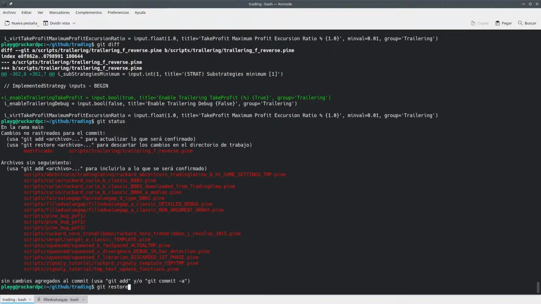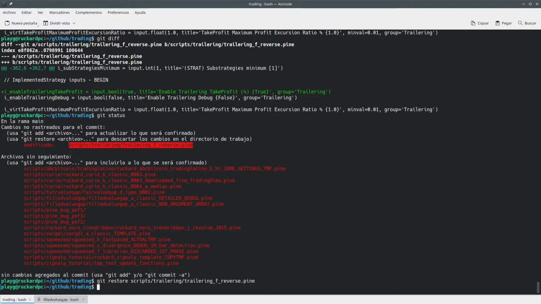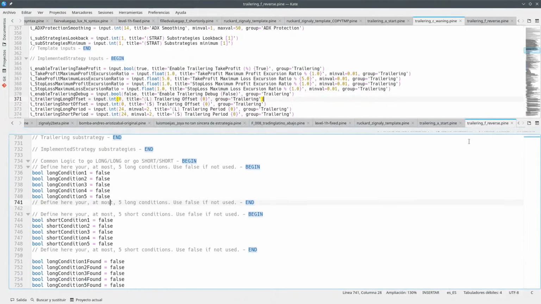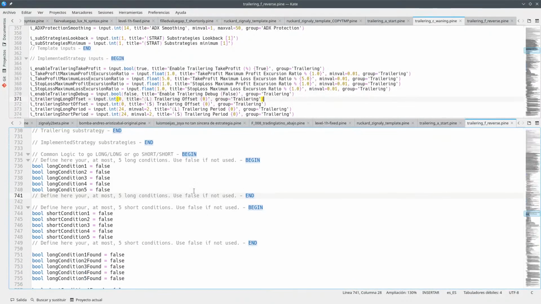Let me restore this so that I am not confused with this take profit line. I want to finish the part with the excursion, which we have not done.